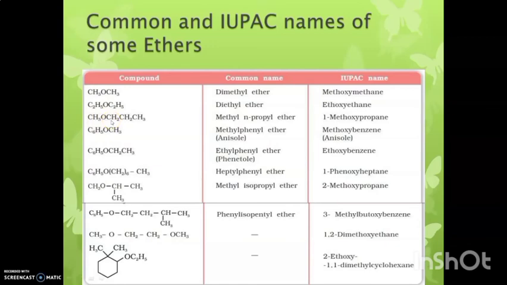We have to consider the least carbon name which is attached to oxygen. Here the smallest chain attached to the oxygen is meth, so it is methoxypropane. If here it is CH3 and here it is C2H5, we can call it methoxyethane, and we have to give the position number of the oxygen also.